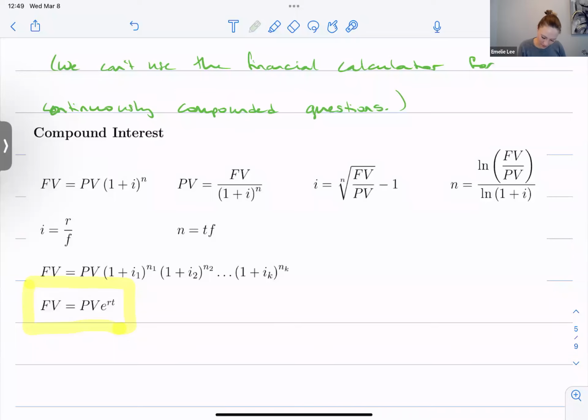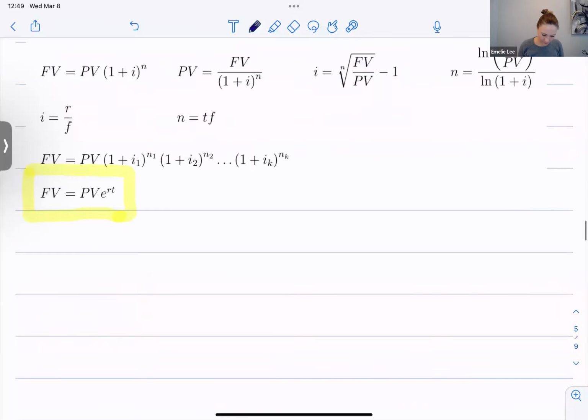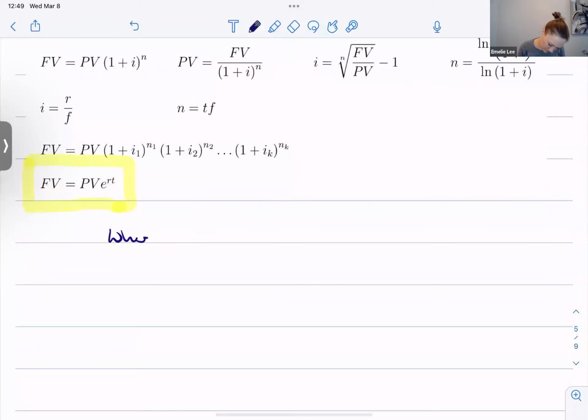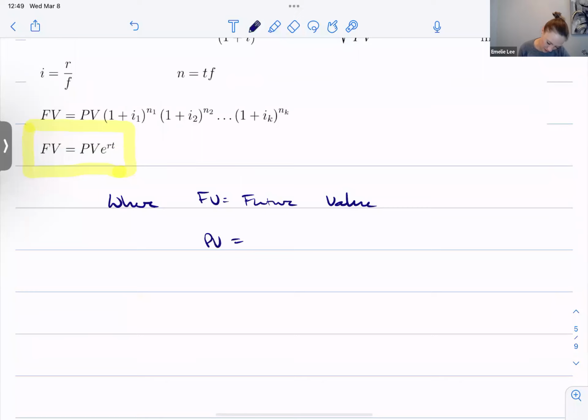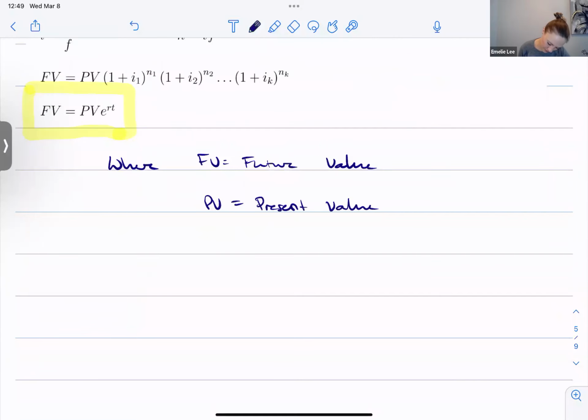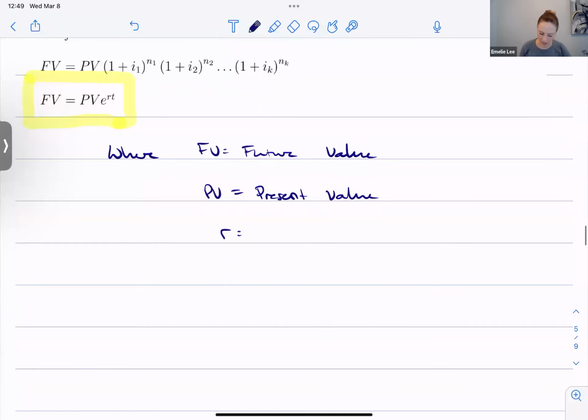And so where, of course, FV is the future value as before. Don't really need to say these, but for completeness I will. PV is the present value. E is the function EXP, the exponential function, and E is one of those irrational constants.